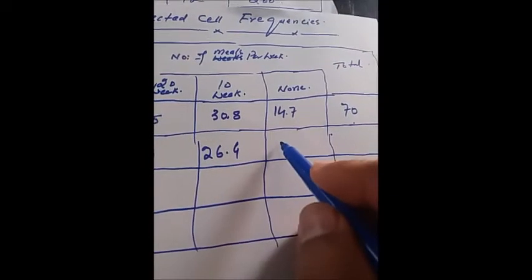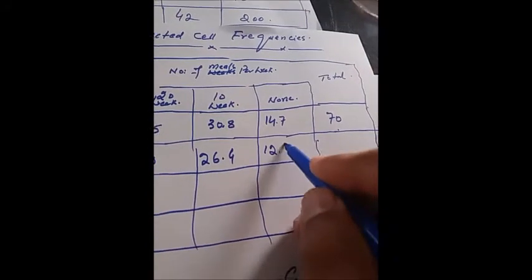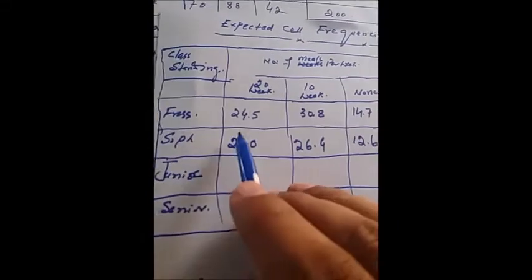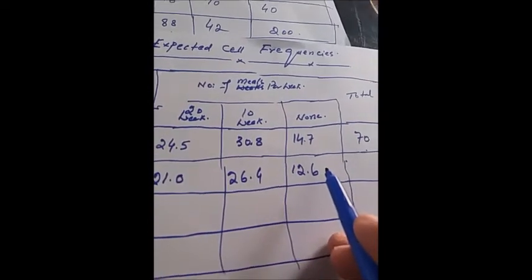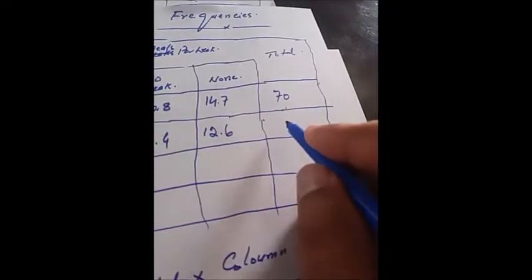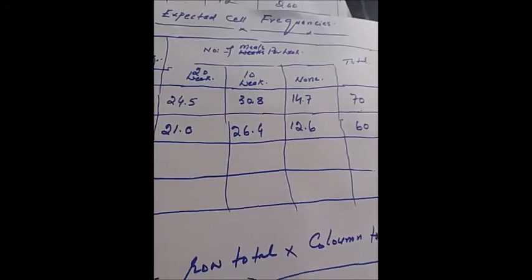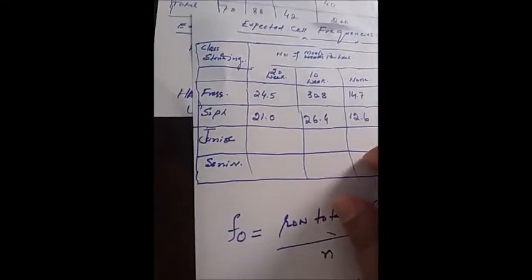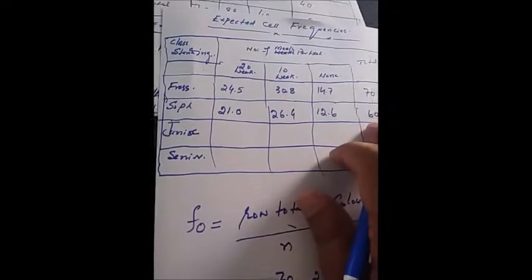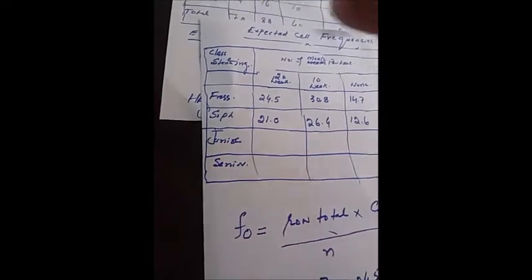So the value 12.6 will be added. So the sum total of these three values, 21.0, 26.4 and 12.6, is 60. Now with the same method, we have to obtain the results for juniors.